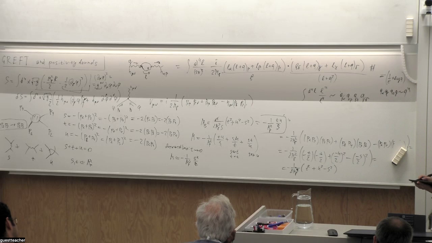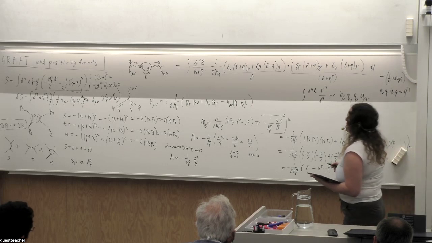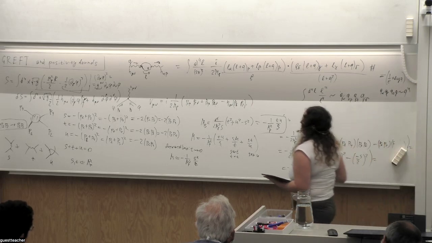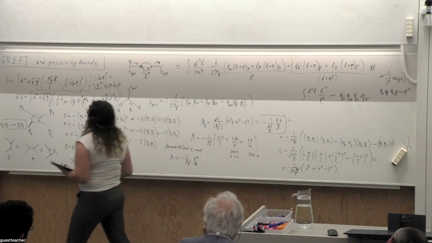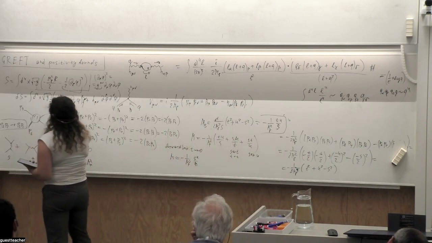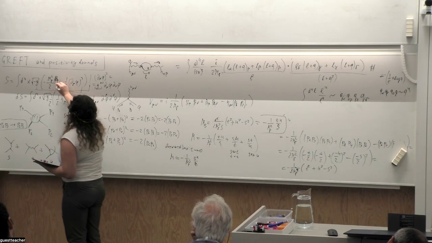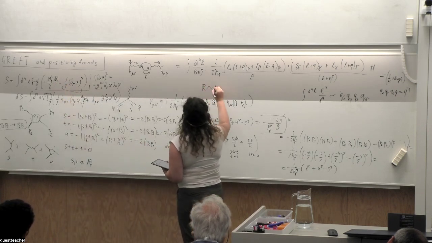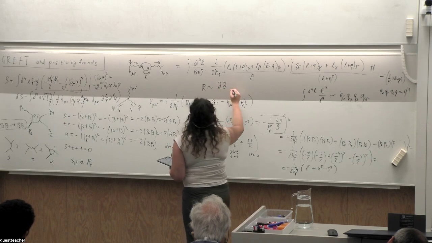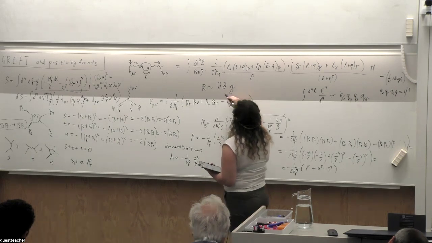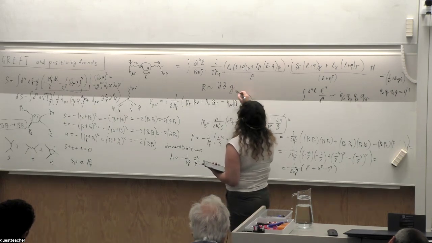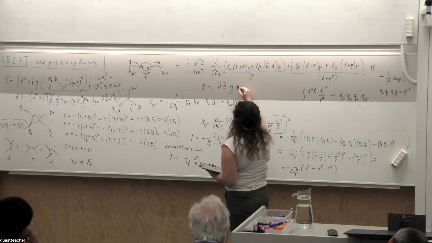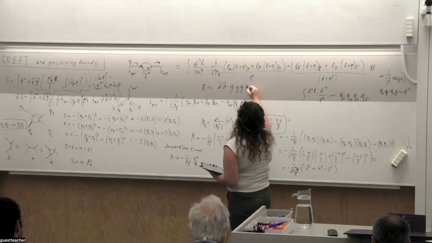The problem is that we don't have a counter term to cancel this divergence, because R, if we remember what is curvature, has only 2 derivatives of metric. So it contains only 2 derivatives acting on some combinations of metric, maybe 4 metrics or 3 metrics.